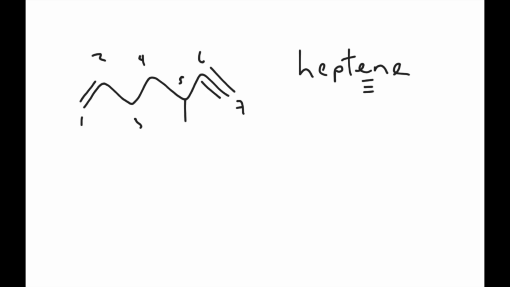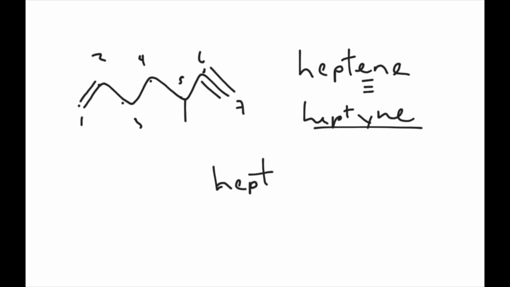But we also have a triple bond, and normally we would call this a heptyne. So we have a bit of a dilemma. We have to name both of them, and they have to be inside this name, the heptane. So what we're going to do is call this a hep, and in the 6th position, 1, 2, 3, 4, 5, 6, is where the triple bond starts.